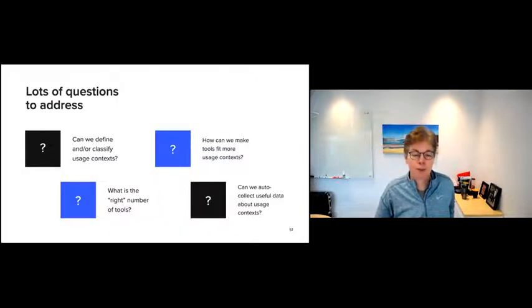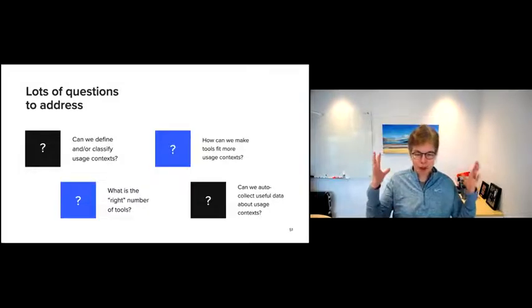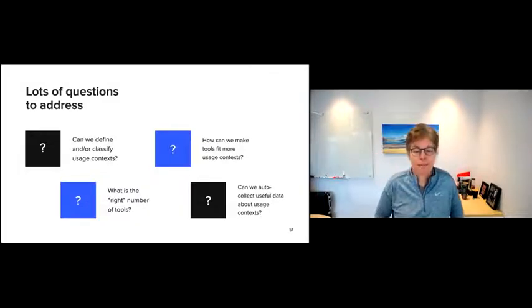There's lots of questions that this kind of viewpoint, I think, drives for research. You start to think about, are there ways to define what the usage contexts are? Is there a common taxonomy of usage contexts that we could start to build up and rely upon? Are there a right number of tools that developers should have at their beck and call? Are we trying to put too many tools into their hands?